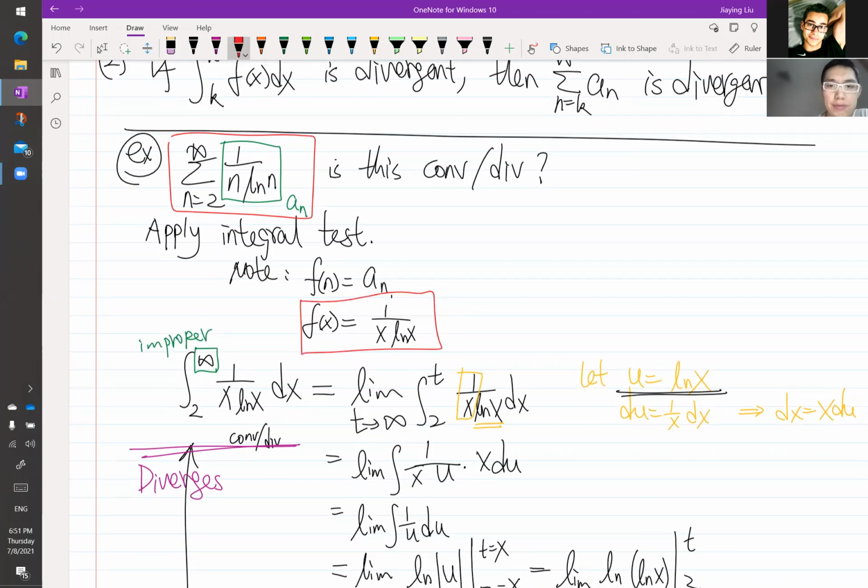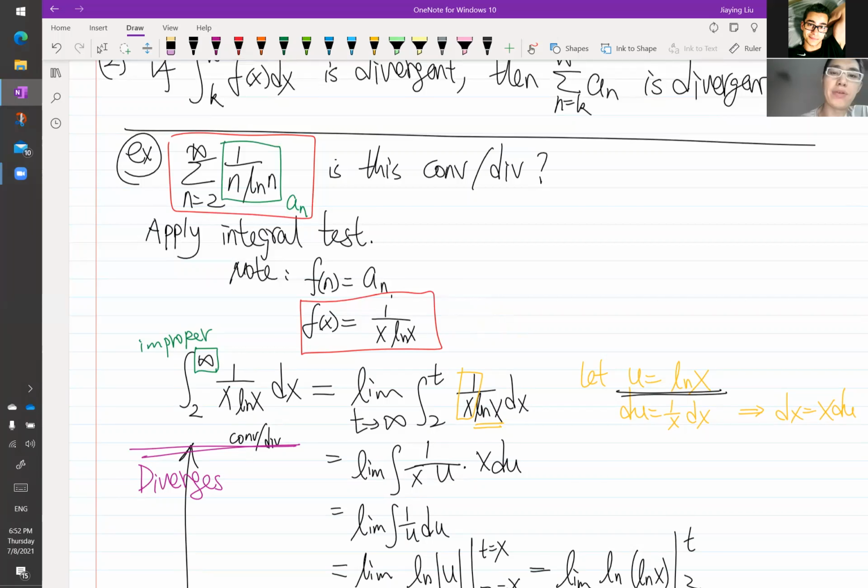This function for x from 2 to infinity, the denominator is always positive, right? The numerator is always positive because it's a 1. The denominator is x, natural log of x, both are positive, so the function is always positive. Is it continuous? It is continuous because we don't have a discontinuity. Is it decreasing? It is decreasing because as x increases, the denominator increases, so overall value decreases.